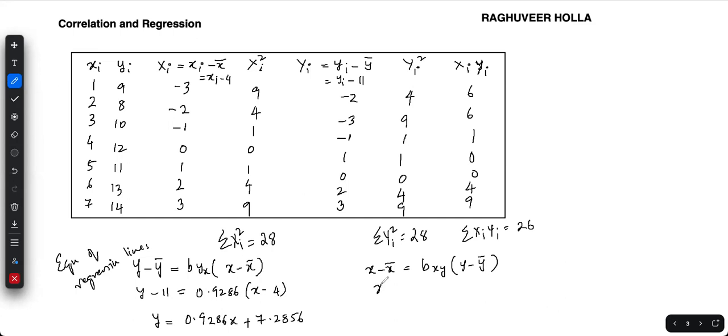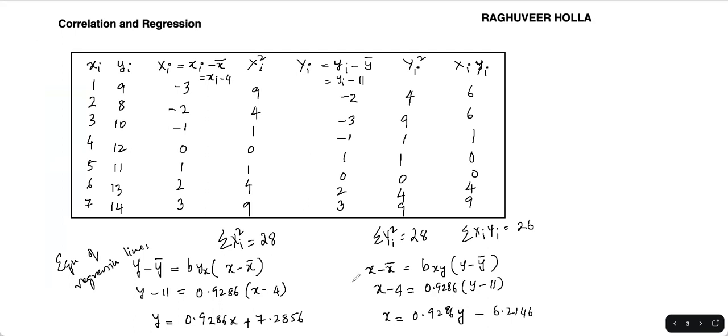And x minus x bar, which is 4, equals 0.9286 into y minus 11. So you get x as 0.9286y minus 6.2146. So these are the equations of the regression lines.